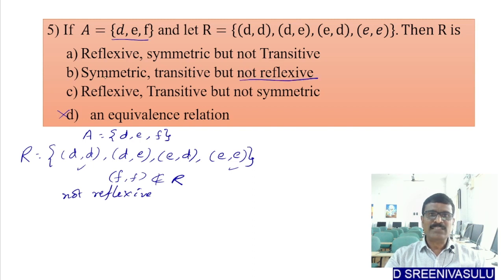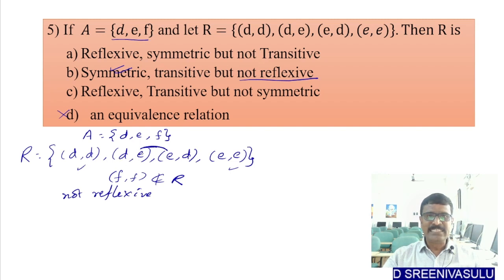Now check whether it is symmetric and transitive or not. DD is there, DE is there, ED is there. It is symmetric. EE is there. Therefore, it is symmetric. Then DD is there, starting with D, DE is there.